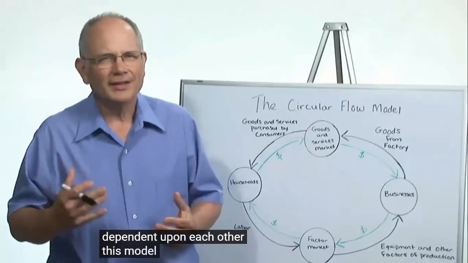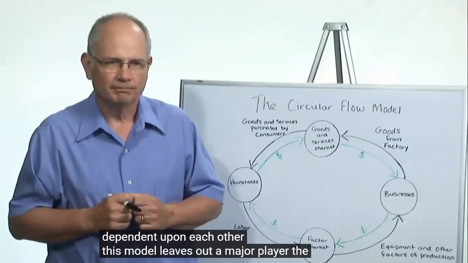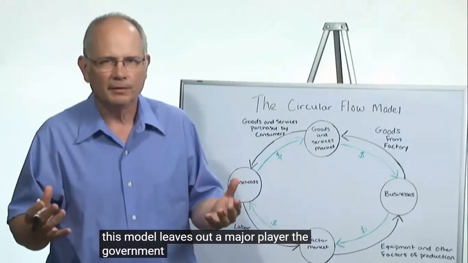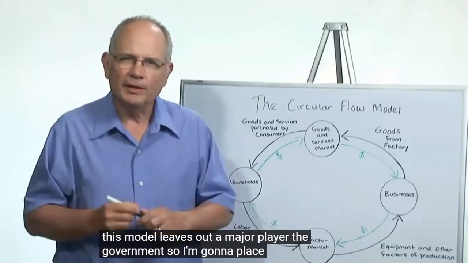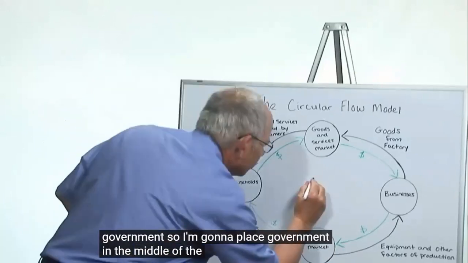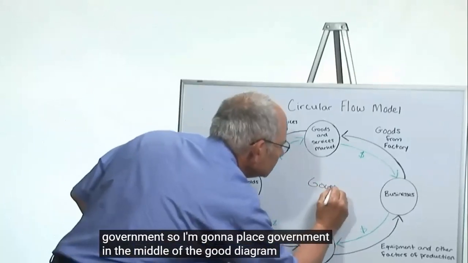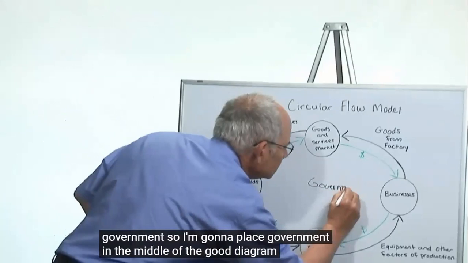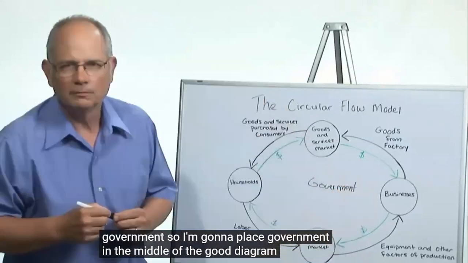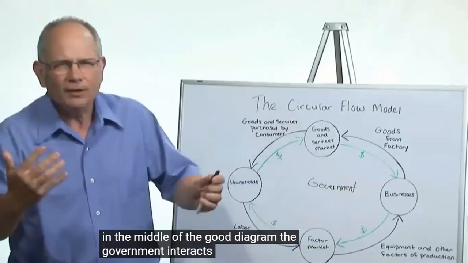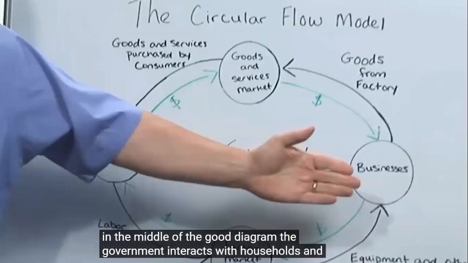This model leaves out a major player, the government. So I'm going to place government in the middle of the diagram. The government interacts with households and businesses.